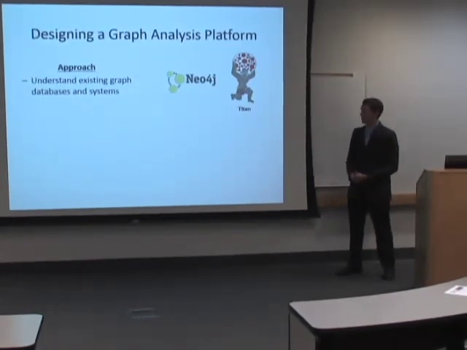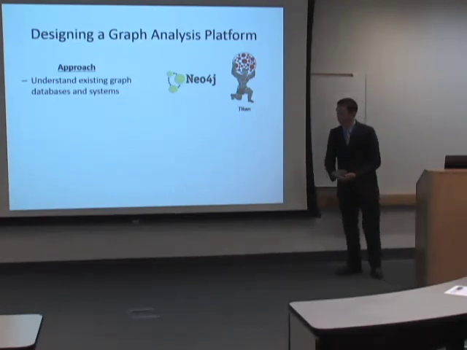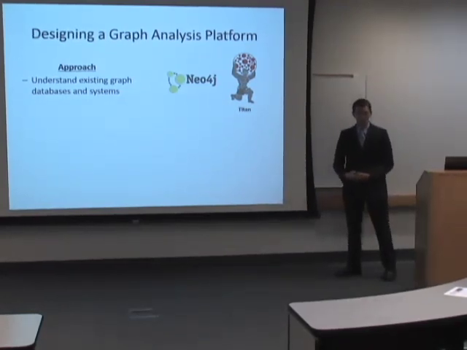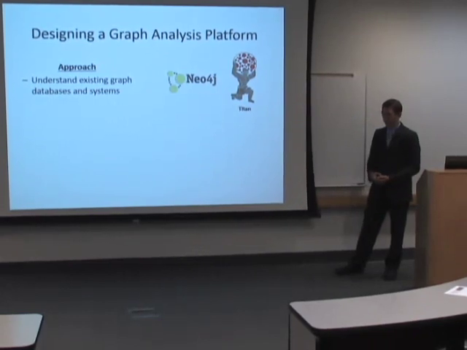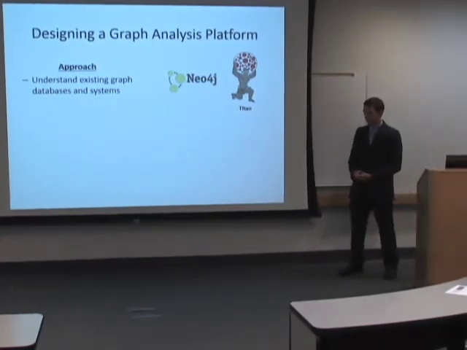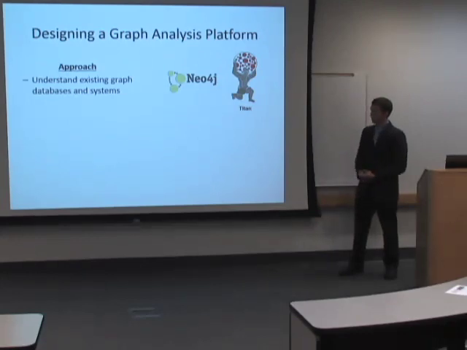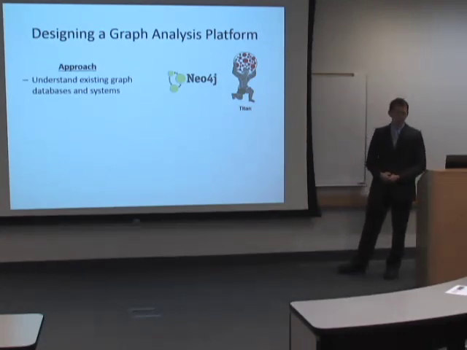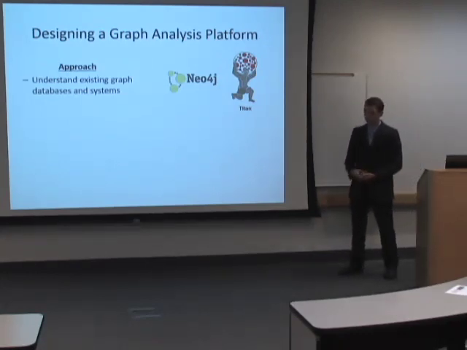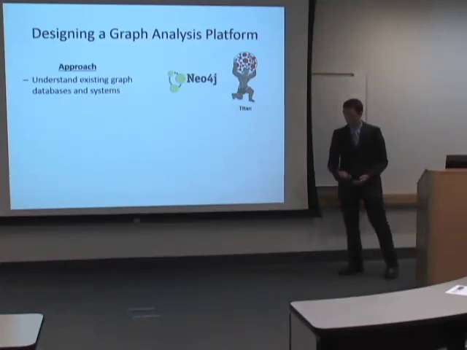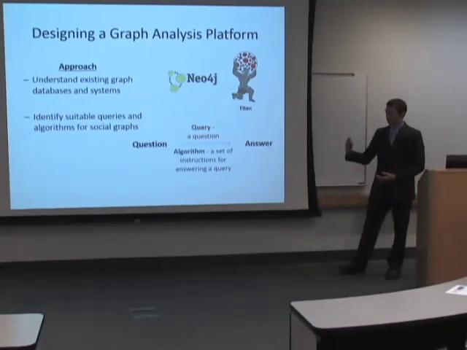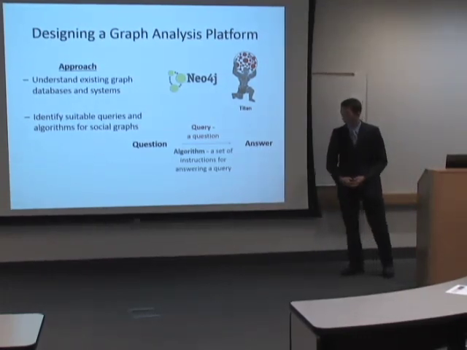As far as the process of designing a graph analysis platform, first we have to understand what's already out there so that we're not doing anything that other people already have down perfectly. There's no reason to do that. Neo4j and Titan are two examples of existing graph databases. We first look at what they do well and how they can be improved. Next, we need to identify suitable queries and algorithms for social graphs.